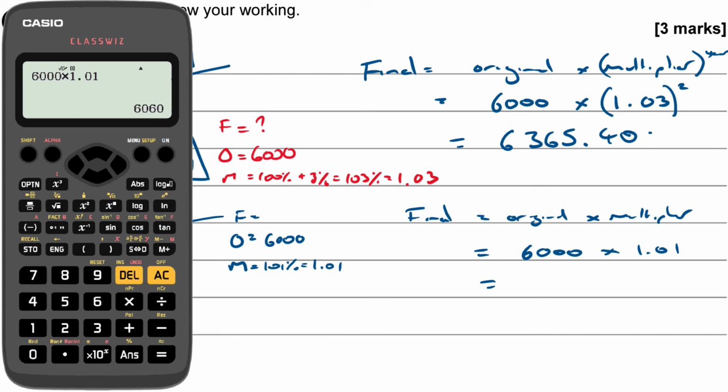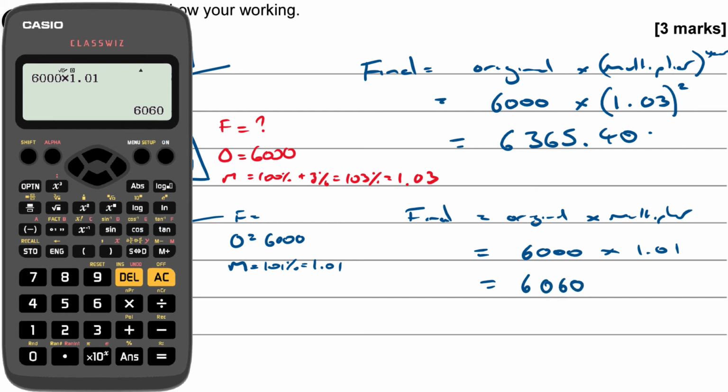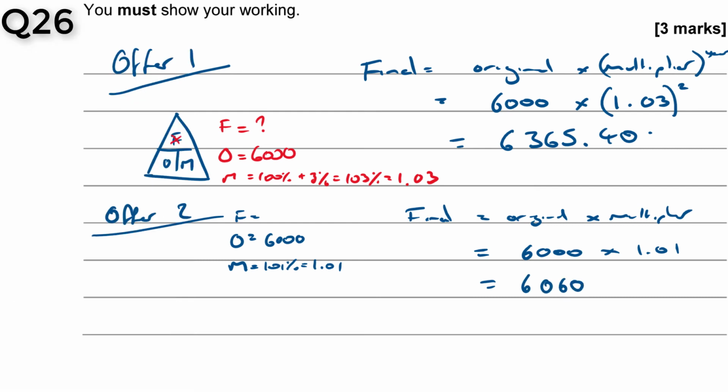It's just 6,060, isn't it? Okay, so that's the end of year 1. And then in year 2, my final is going to be my original, which was 6,060 now, because it's what I got from the end of year 1, times my new multiplier of 1.05, because it's 5% in the second year.